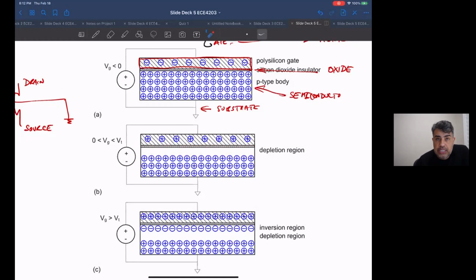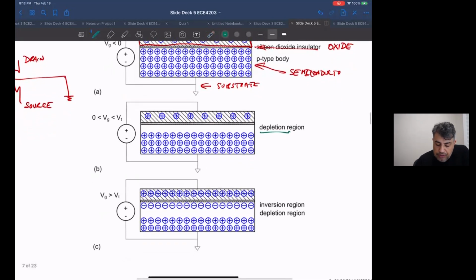Physically, you're pushing these holes away from the gate. When you push the holes away, you get an area that's depleted of free carriers. We call that the depletion region. It's depleted of free carriers.